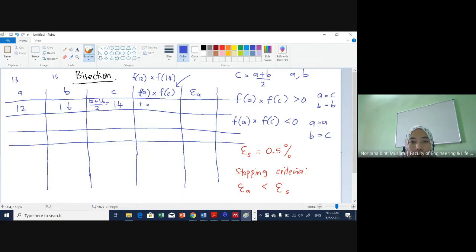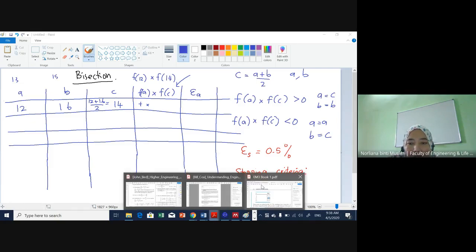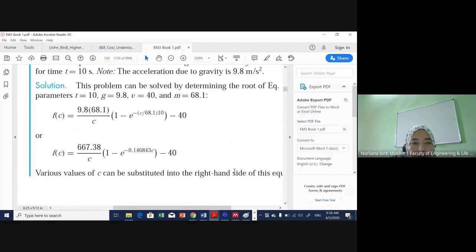Now you need to find out what is F14. Substitute 14 into your original function, this one. I want you to calculate now. Just type the numbers, this one will be times 14. Calculate it now and then type your numbers.